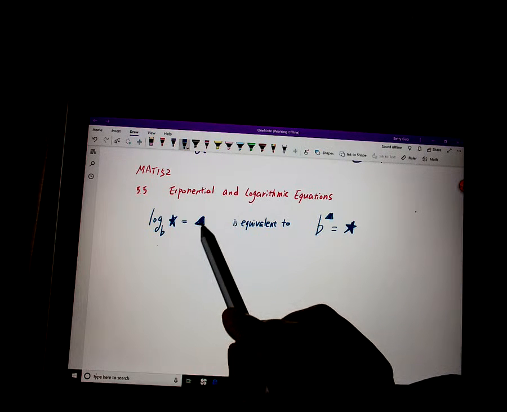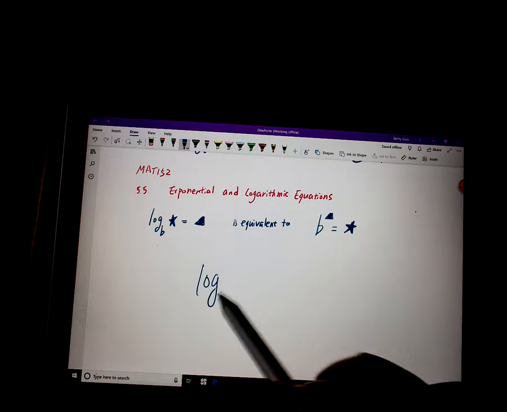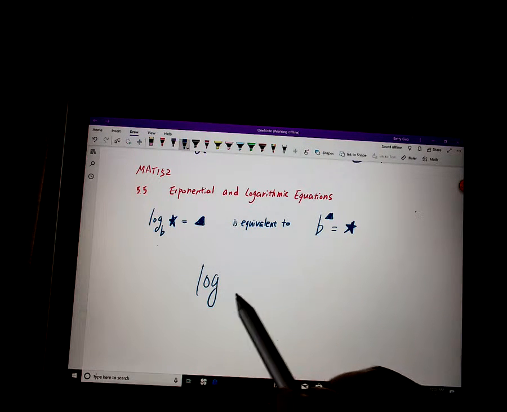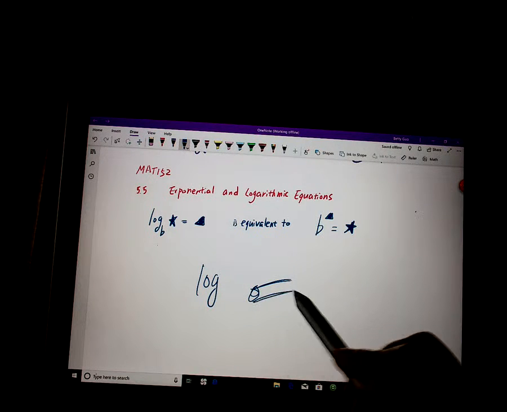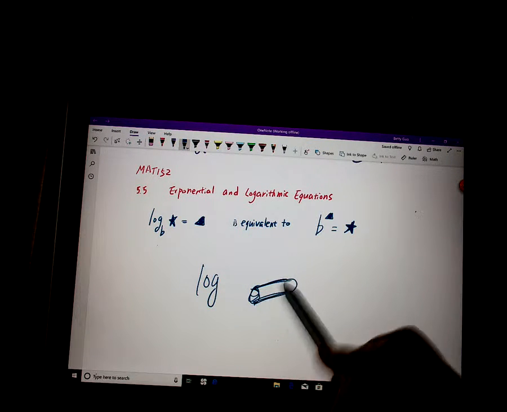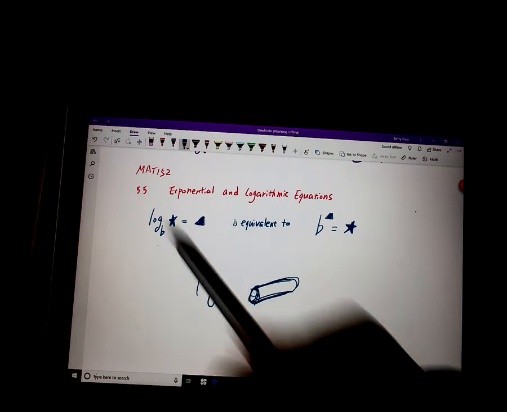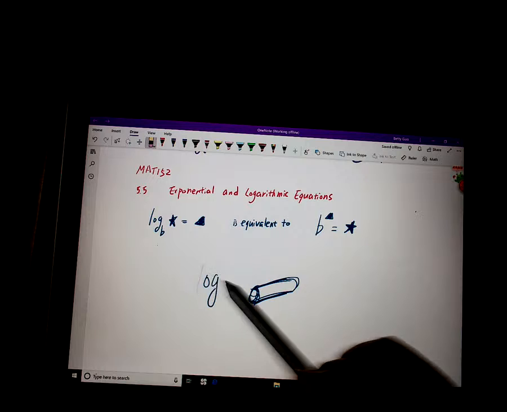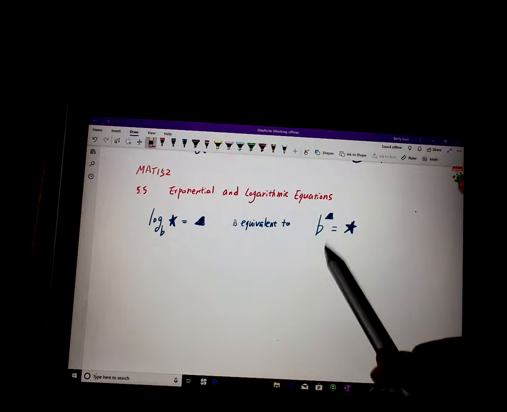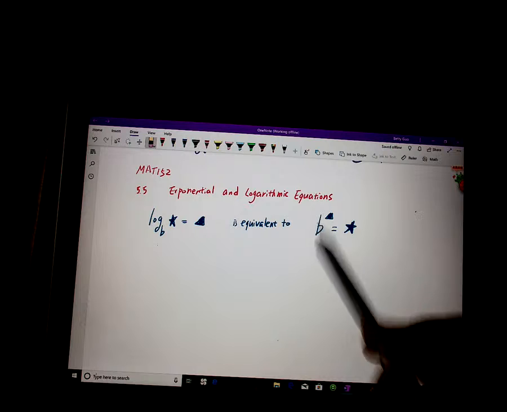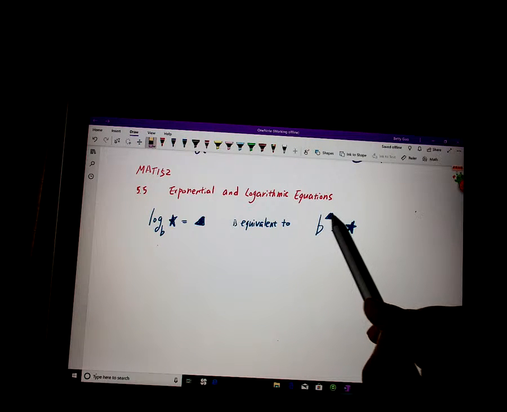And logarithm, L-O-G. This English word also can represent a piece of wood, right? You know the log cabin? A log cabin is made of those logs. So log can be seen as a piece of wood. So you can picture in your head a person B. The person is carrying a log on its shoulder.